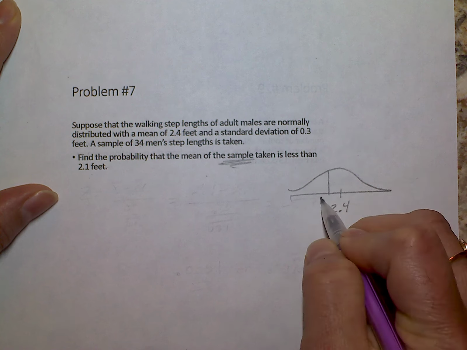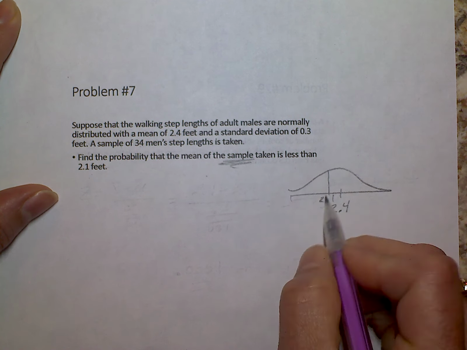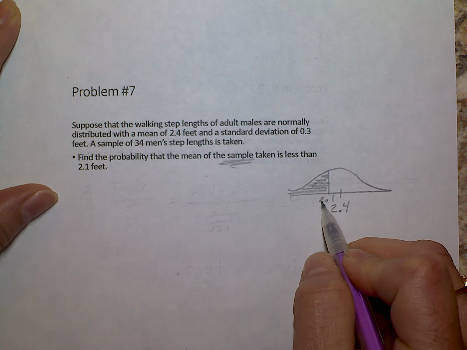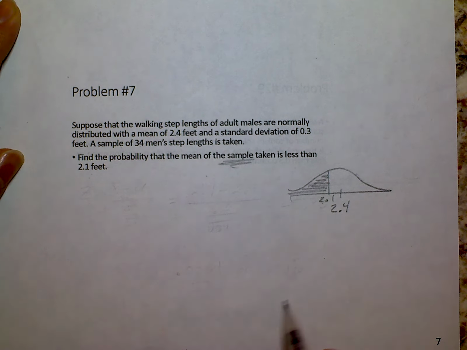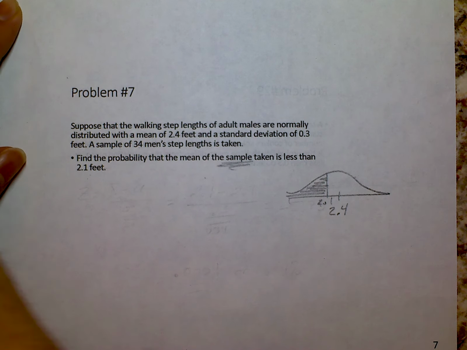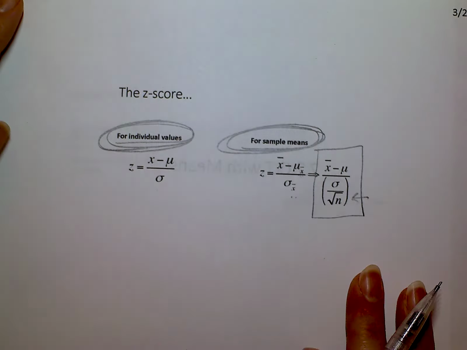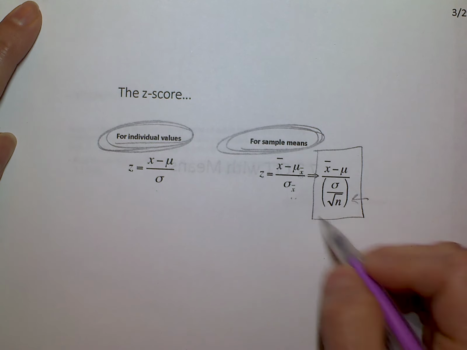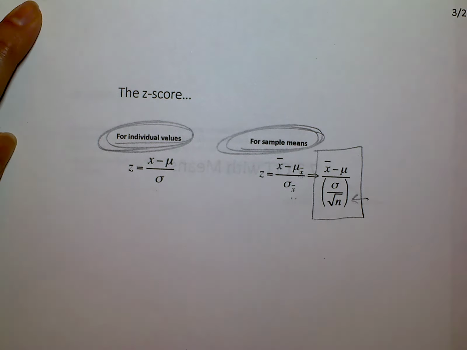The sample mean is 2.1. That means this is mu sub x bar. So this has changed. We're not using the old formula. This is for the sample. So we're going to use our new formula.